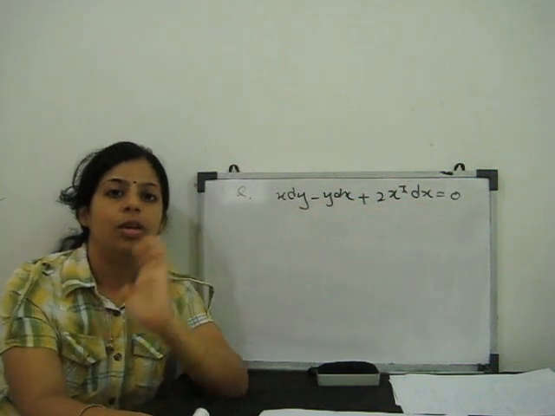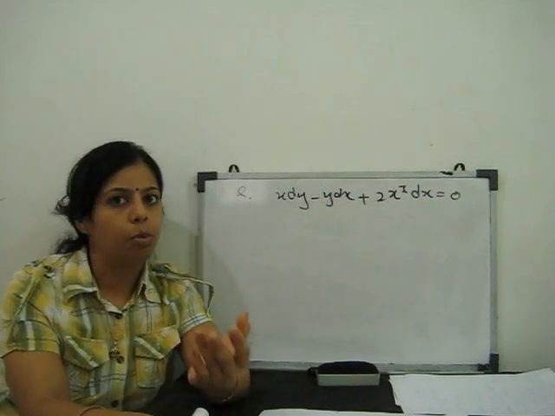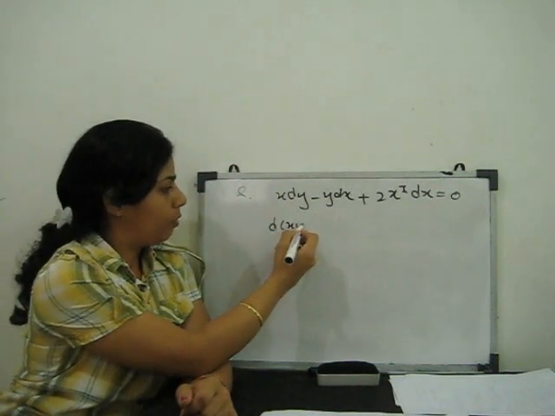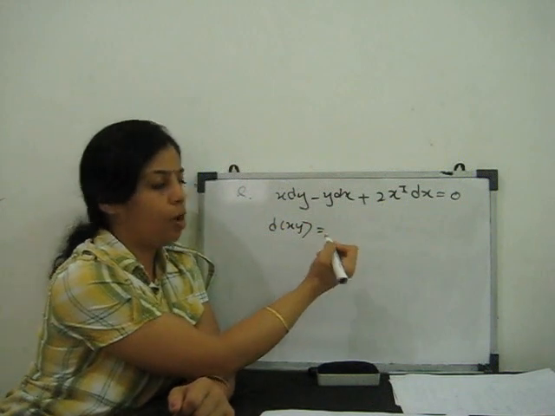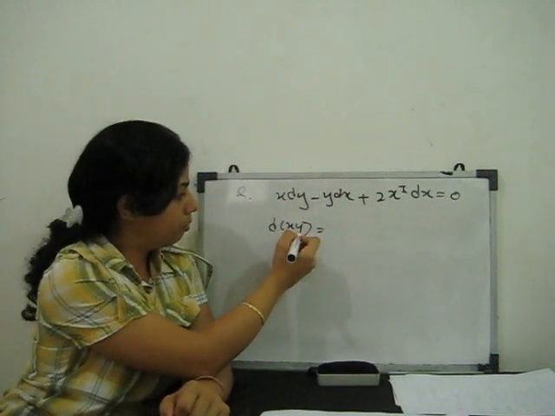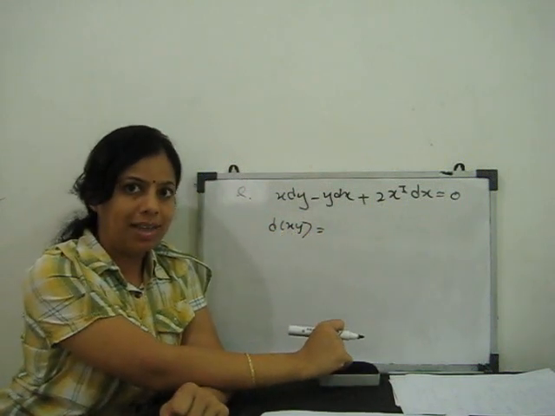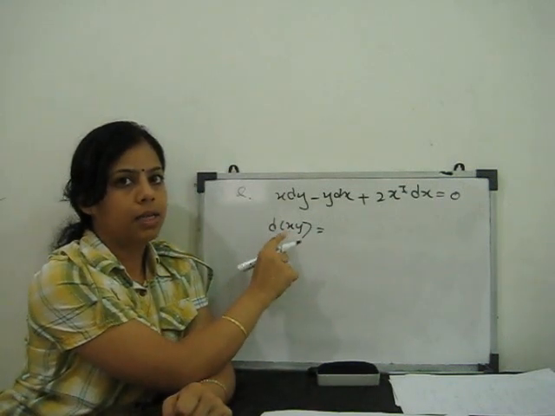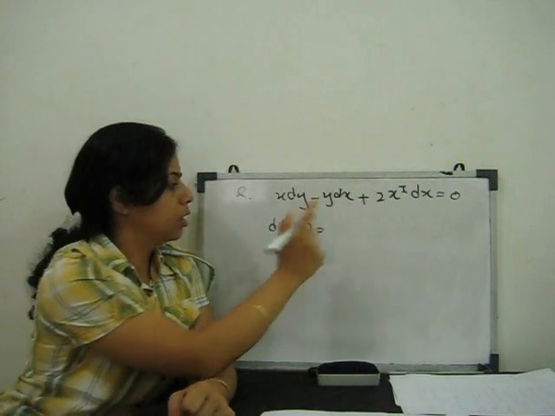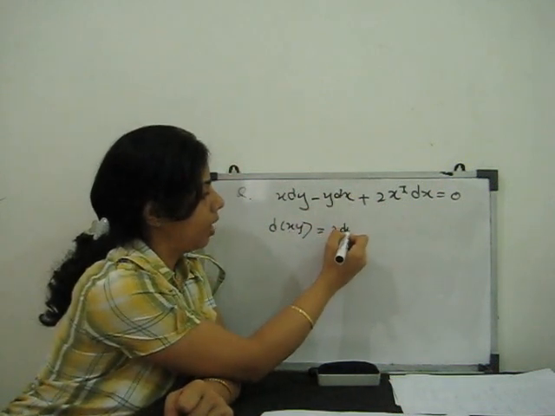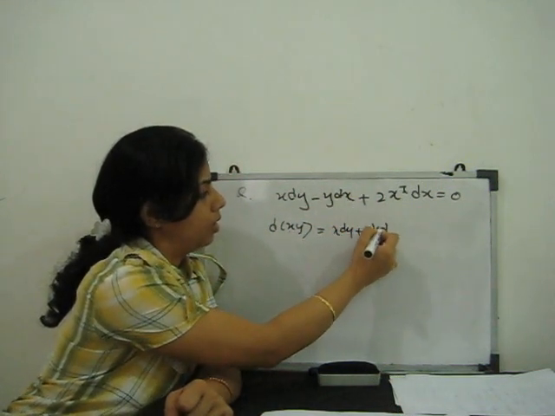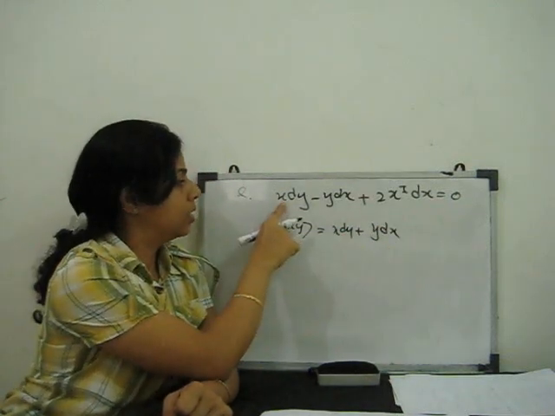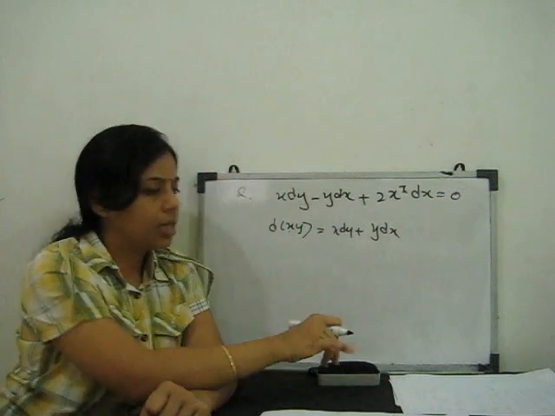If we differentiate xy in both variables, we have the multiplication formula: first multiplication, second as it is, plus second multiplication, first as it is. So d(xy) is x dy + y dx, but this is x dy − y dx.